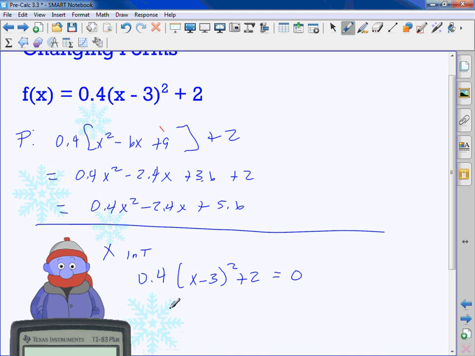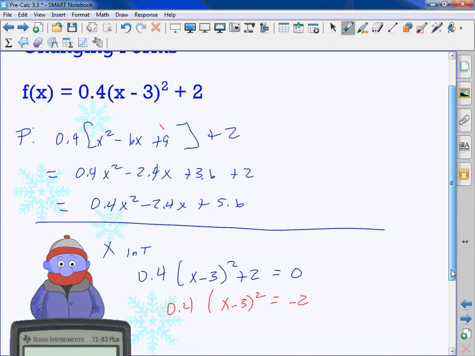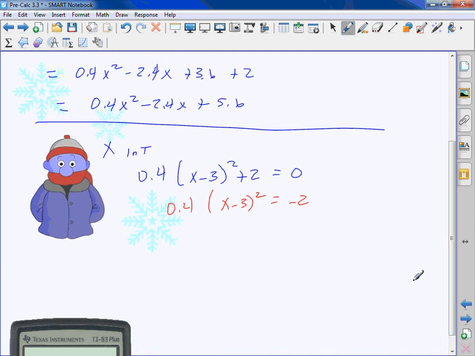Subtract 2. 0.4 times x minus 3 squared equals negative 2. Divide by 0.4. There's a decimal on the bottom, so I'll make that a 4, and I'll make this a 20. What's 20 over 4? Negative 5.